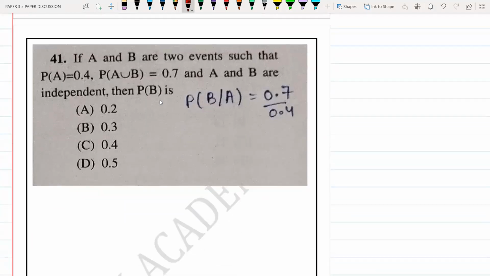Question 41. Another interesting question which you can easily do. A and B are two events such that P of A union B is given and A and B are independent.